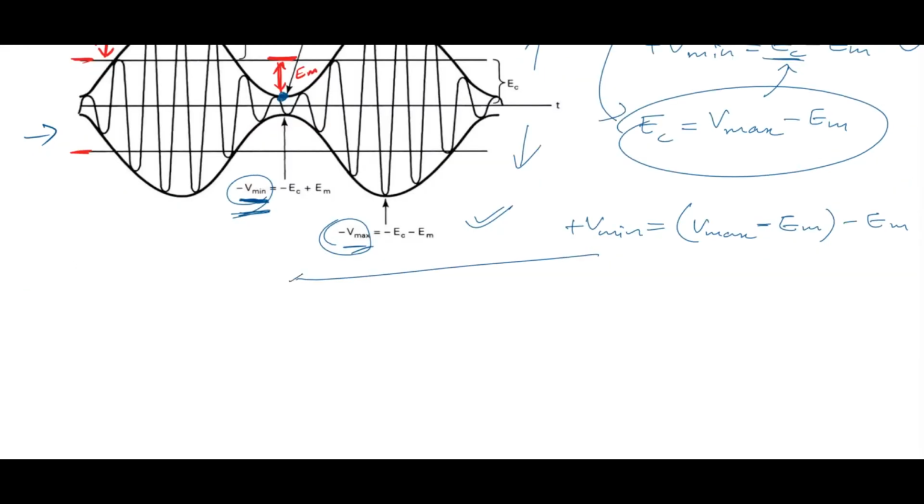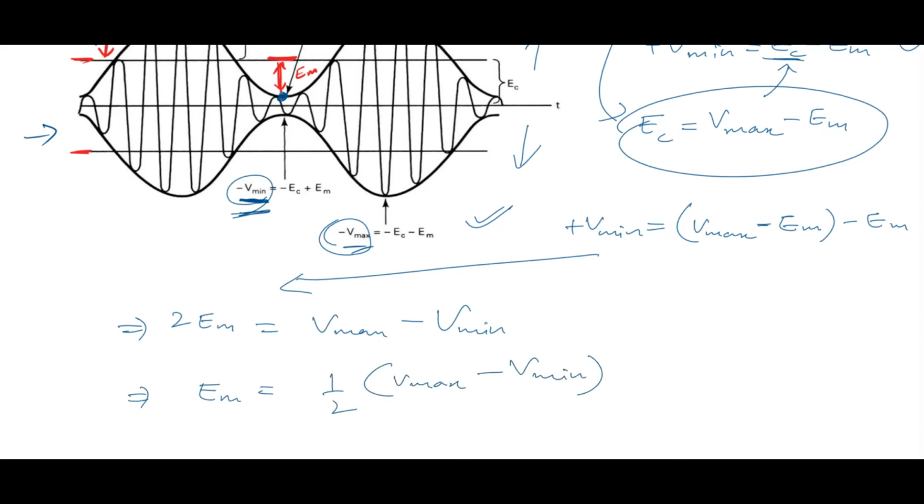On solving this further, I get twice Em equals Vmax minus Vmin, and from here Em equals half of Vmax minus Vmin. Let us mark this as equation number 3.